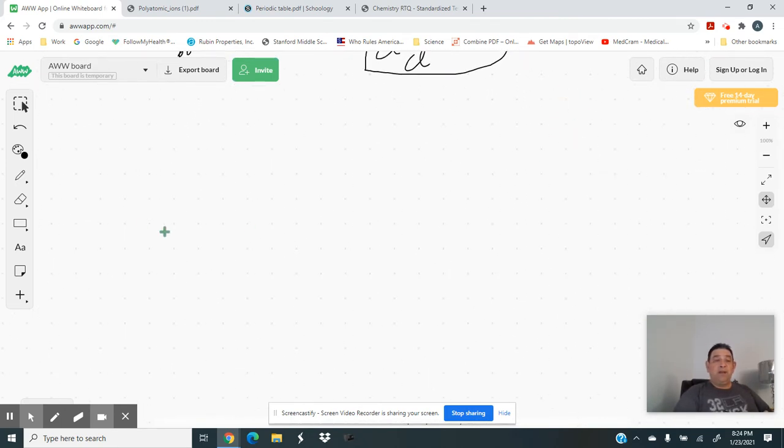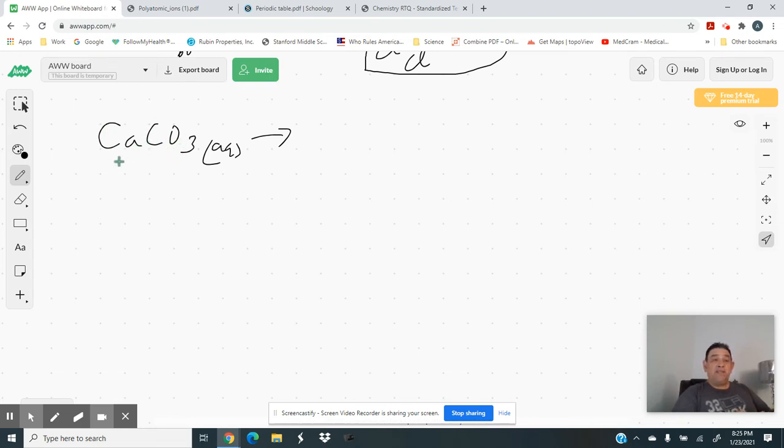Let's try some polyatomic ions. When you have polyatomic ions, like CaCO3, when you have something that is aqueous... The other three examples basically had just two elements.